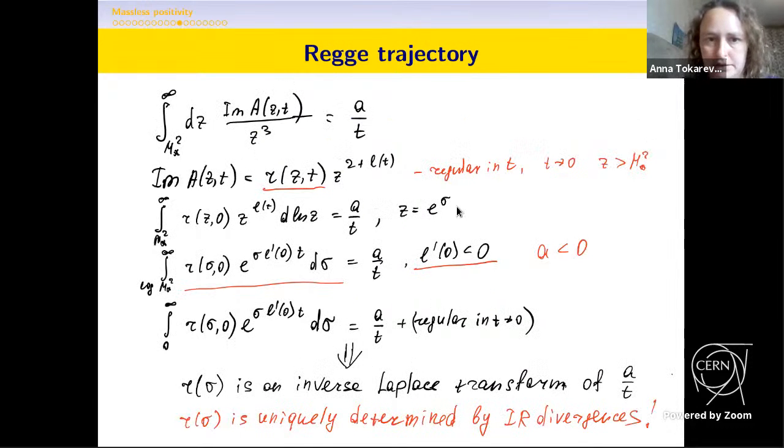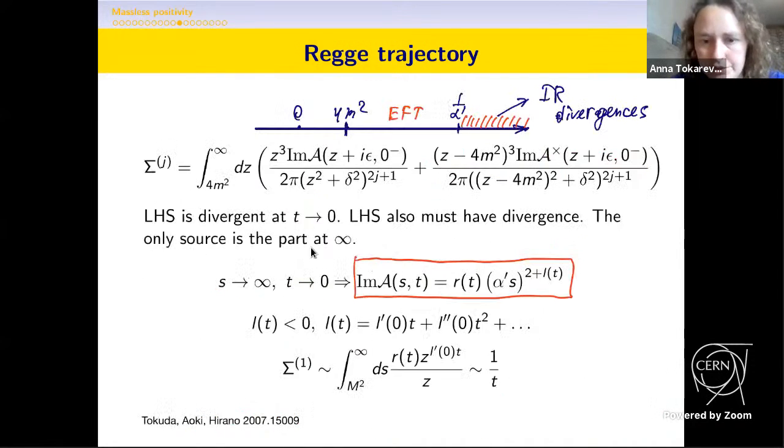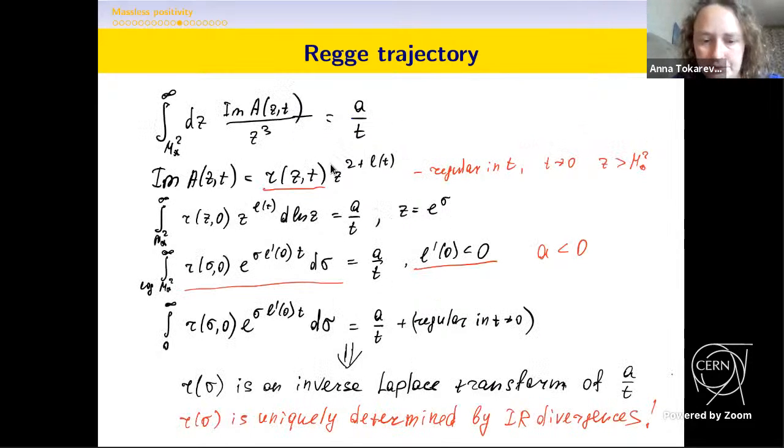Interestingly, this choice of the amplitude looks to be ad hoc because we don't know the UV theory, but it can be uniquely determined by infrared singularities, because this form appears to be the Laplace transform of infrared singularities. And this can be obtained uniquely from the form of infrared divergences of the amplitude.